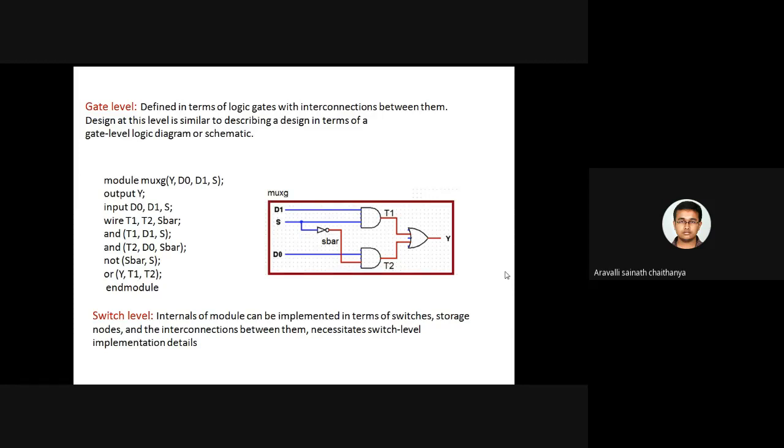We most familiarly call this an RTL description. RTL is a Verilog description, which may be a combination of behavioral and data flow, and this RTL must be synthesizable code.